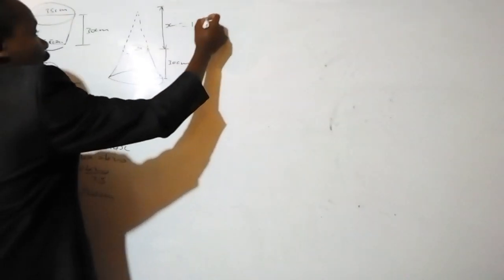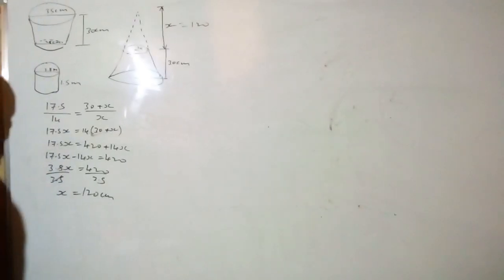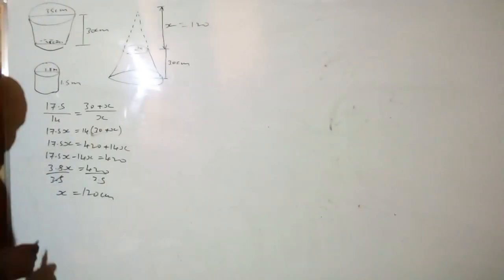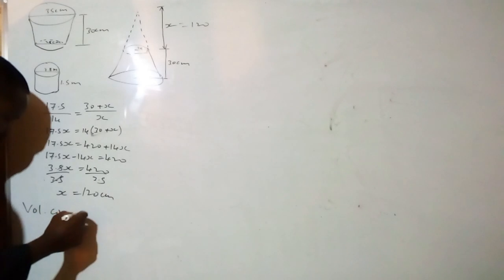It means we are going to have the height of the larger cone and that of the smaller. Come here and you get the volume of the first term. The volume of a cone formula is a third pi r squared height.